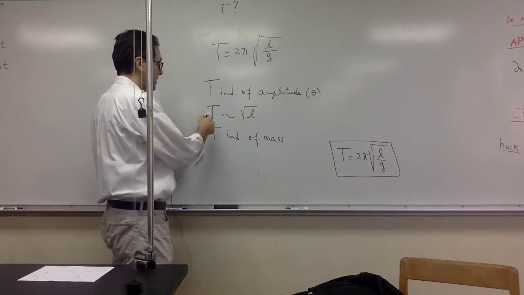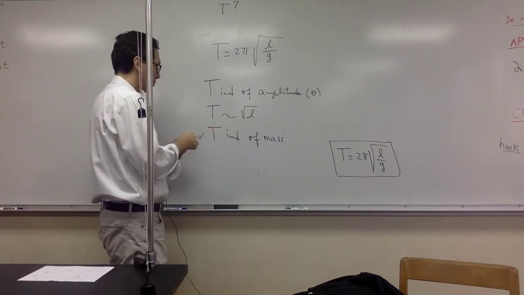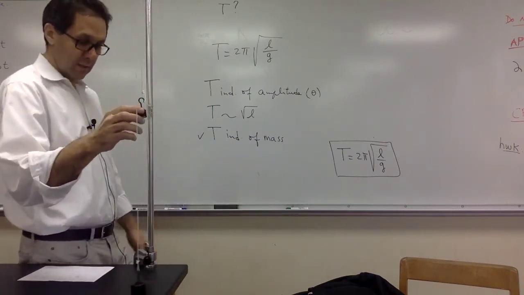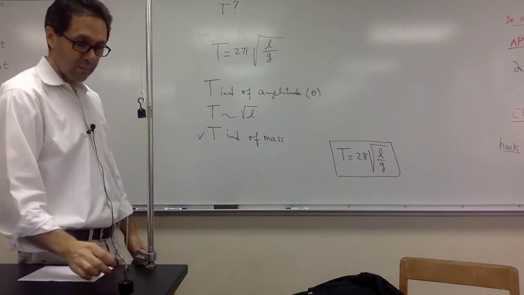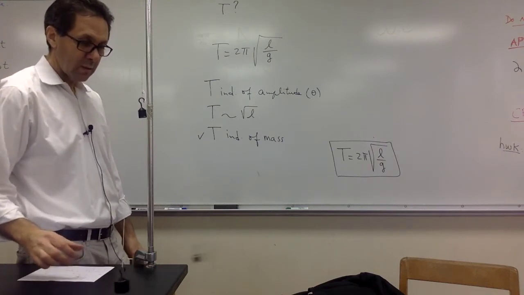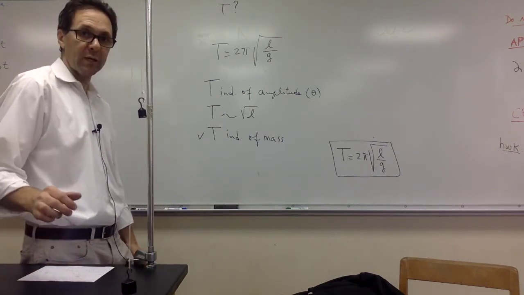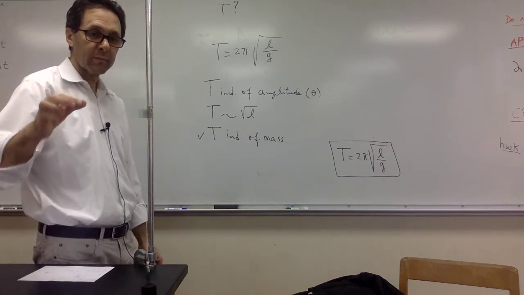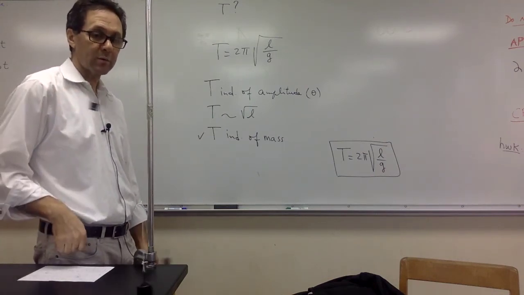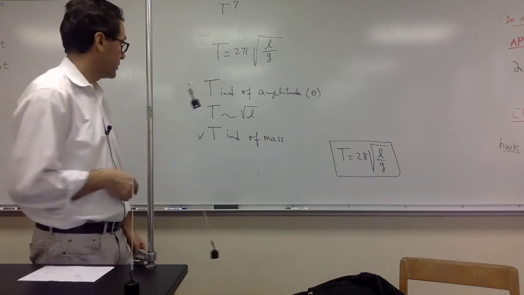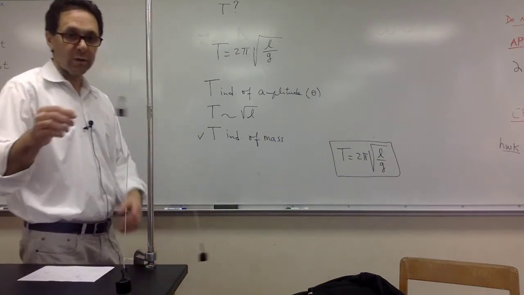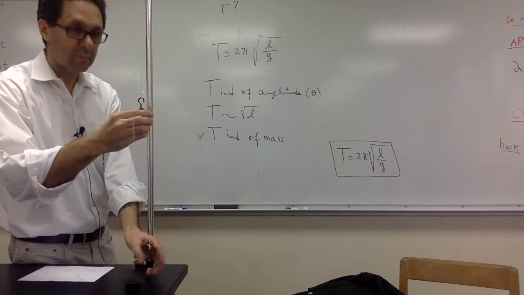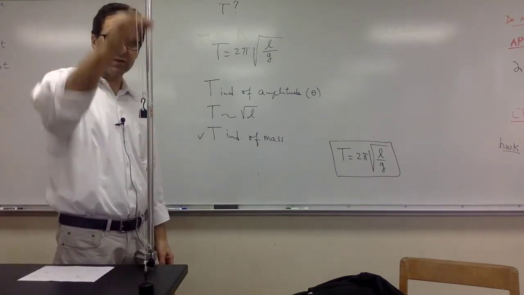Now, T is directly proportional to the square root of L, meaning if you have a long string, it takes a long time to get there and back. If you have a shorter one, it's quicker, right? So the period here is shorter. I made this shorter one about half the length of this longer one.